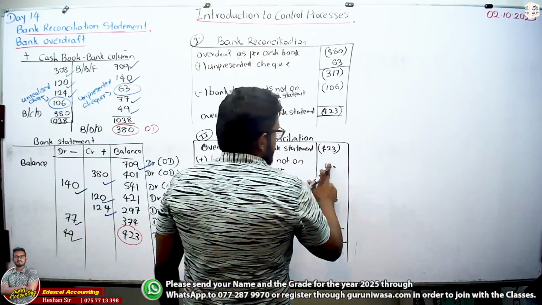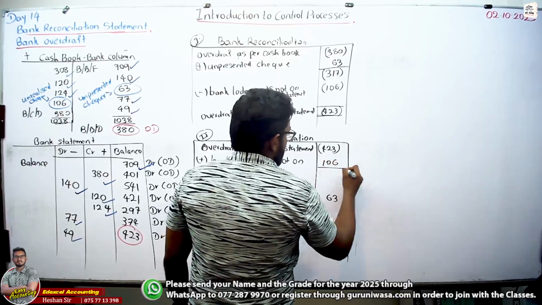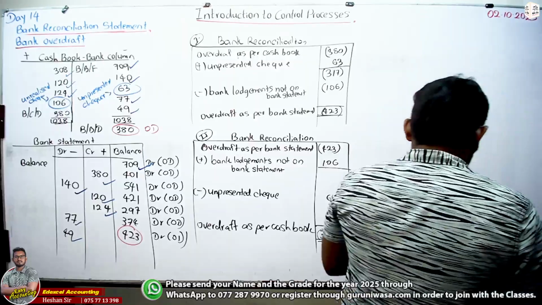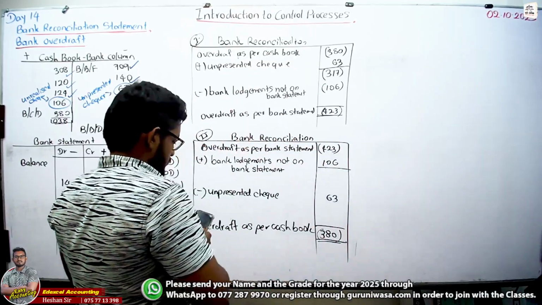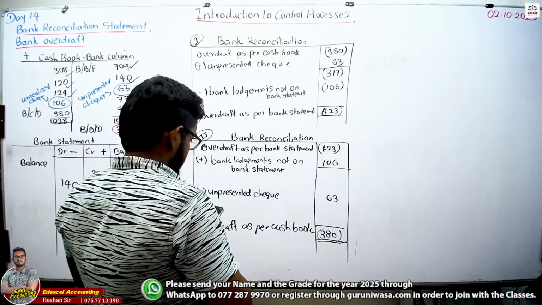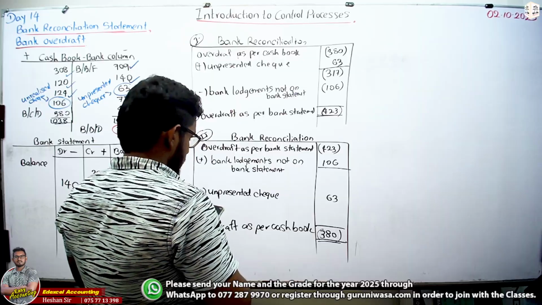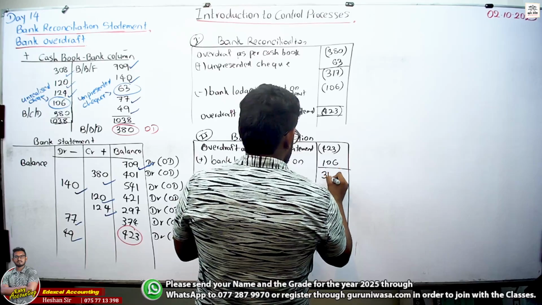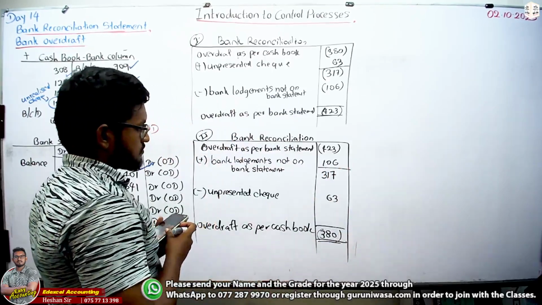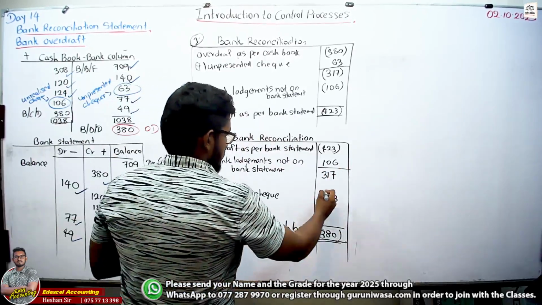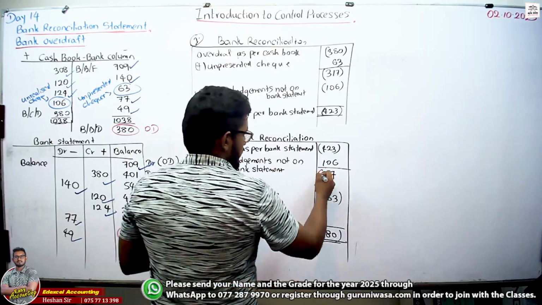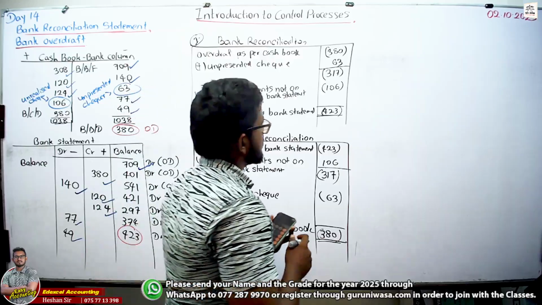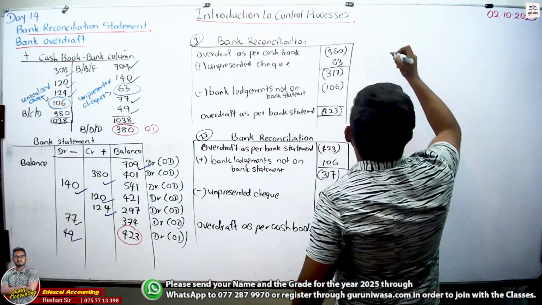Here 106 plus, can you tell me 423 minus 106 means 370, right? It is still minus, plus 63 means 380.